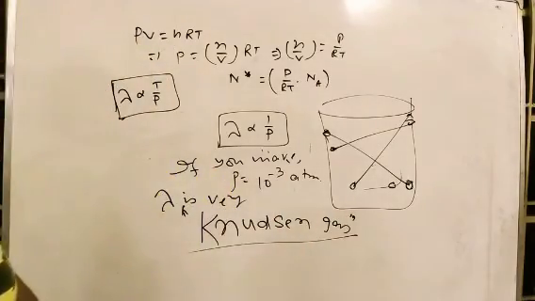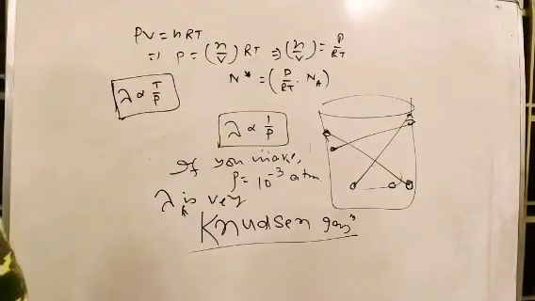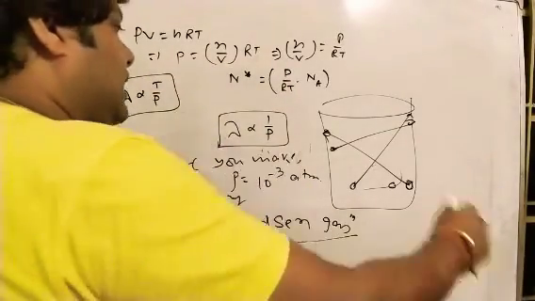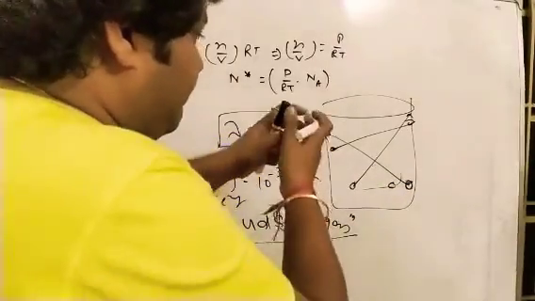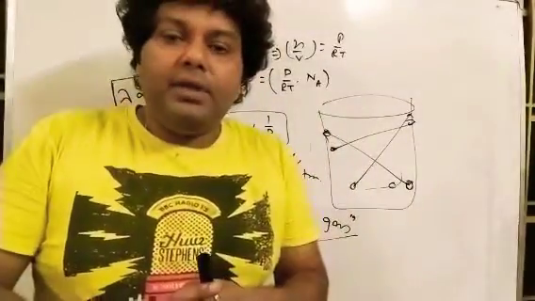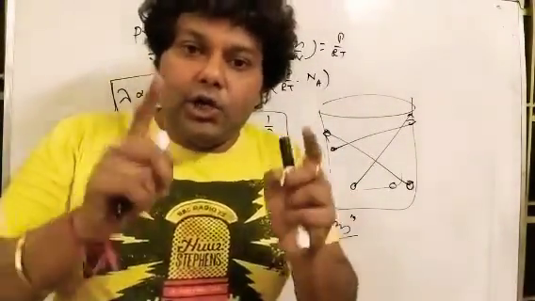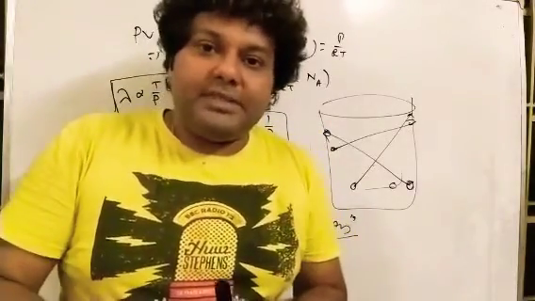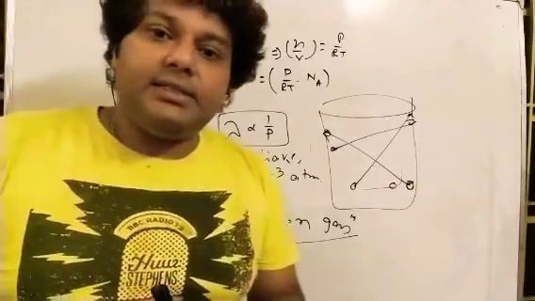It is when gaseous molecules have very low pressure and large lambda, so they move from one place to another, going far away from each other, and they collide with the surface of the container and not among themselves. Clear? That is the attribute of this gas.